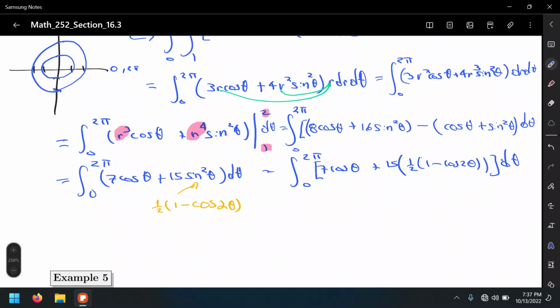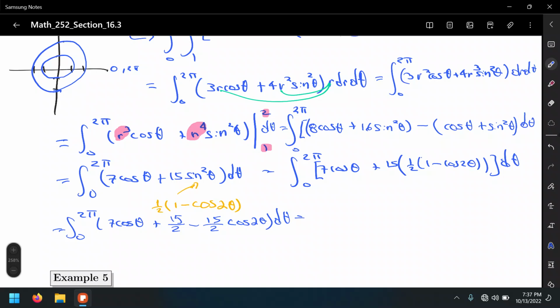So distributing this, it will be the integral from 0 to 2 pi of 7 cosine theta plus 15 halves minus 15 halves cosine 2 theta.